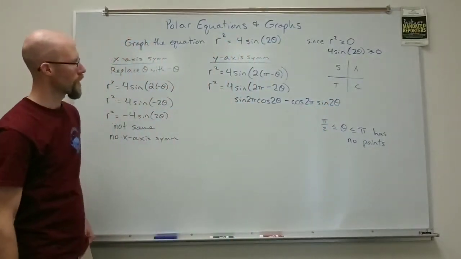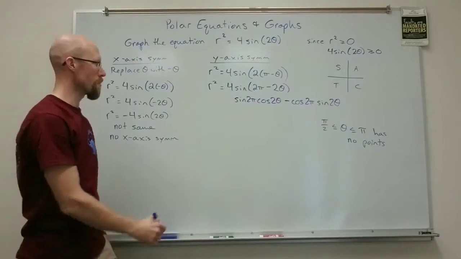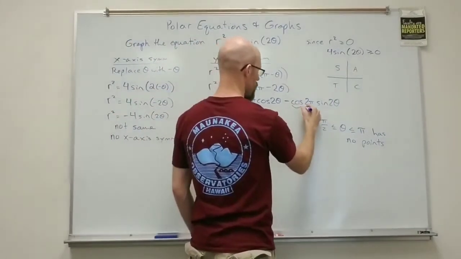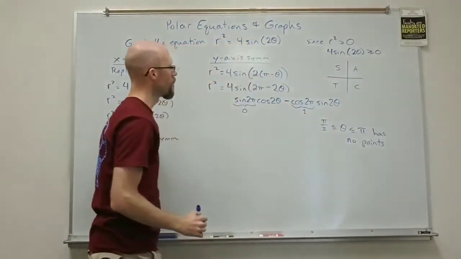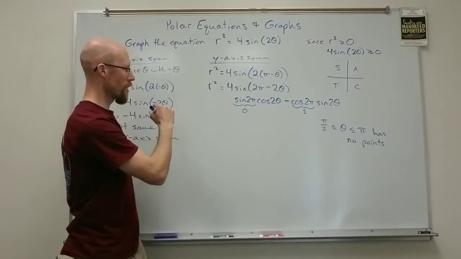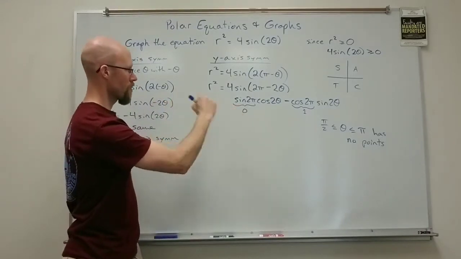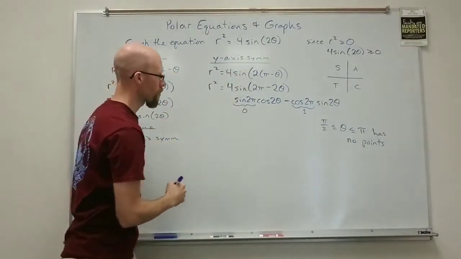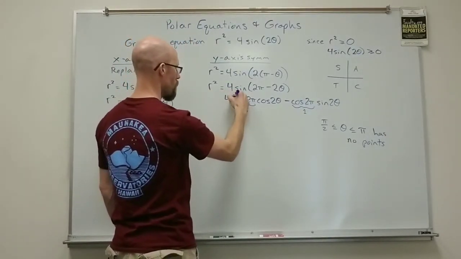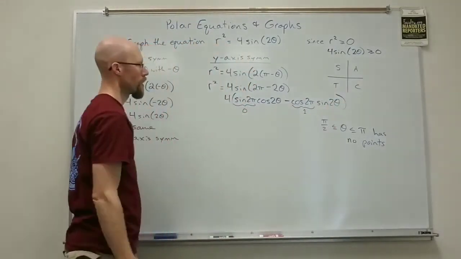Now if I go through that formula and simplify, the sine of 2 pi is 0 and the cosine of 2 pi is 1. Yep, sine of 2 pi is 0, cosine of 2 pi is 1. So those two values I know, and of course there's a 4 multiplying that whole thing.